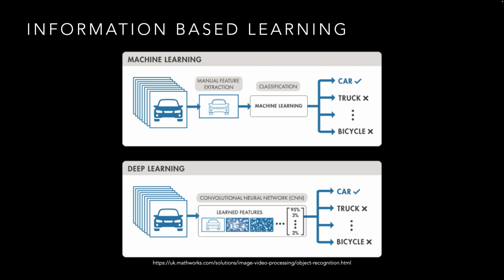The neural network learns automatically to give the certain output. So in that case, it will be more efficient at recognizing a given object than a machine learning approach.